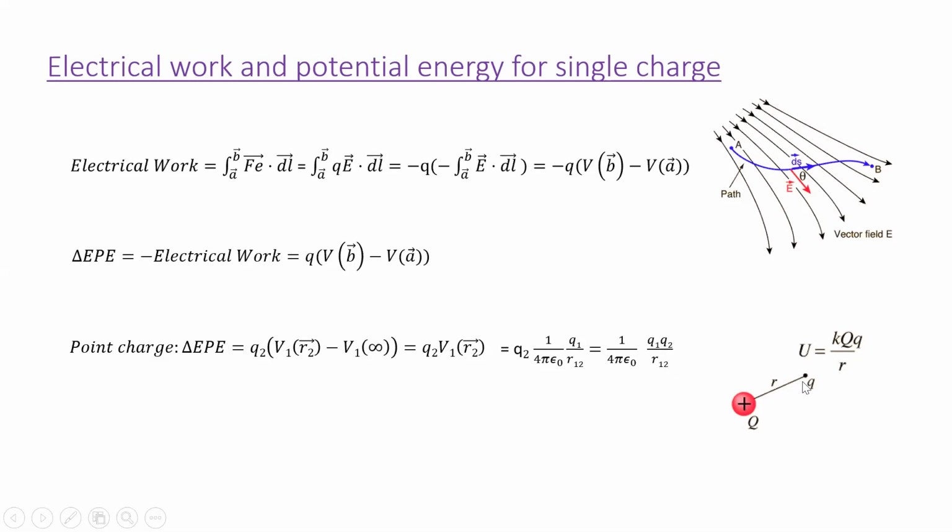And you can see that here, just using different notation. Instead of Q1 and Q2, we have capital Q and lowercase q, and instead of 1 over 4 pi epsilon naught, we have K. So the electrical potential energy is K Q q over R, or 1 over 4 pi epsilon naught Q1 Q2 over R12.